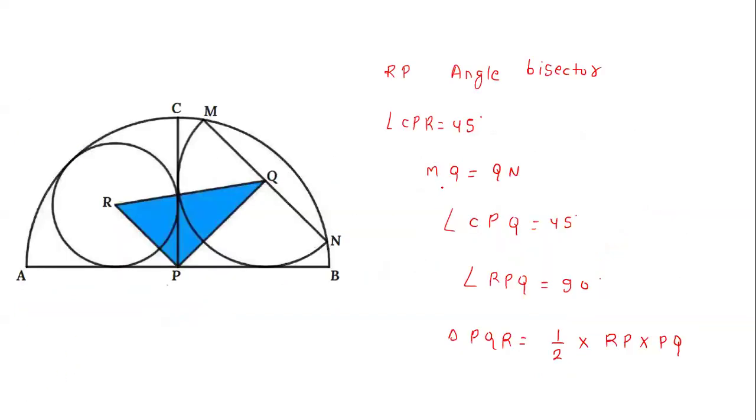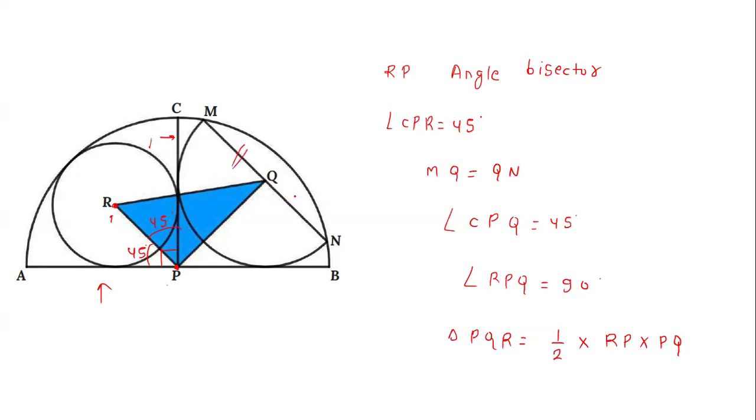You see in this figure, R is the center of this circle and P is the center of this bigger semicircle. AP and CP are tangent to this smaller circle. If we join the point P and the point R, this is the angle bisector of this whole 90 degree angle, so this angle will become 45 and this angle will also become 45 because RP is the angle bisector.